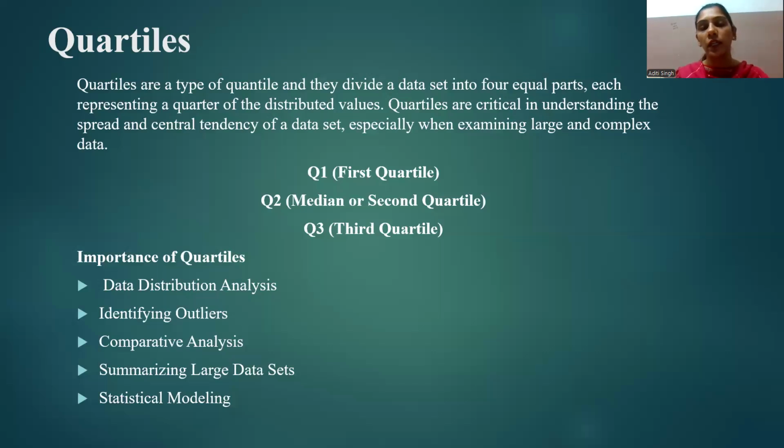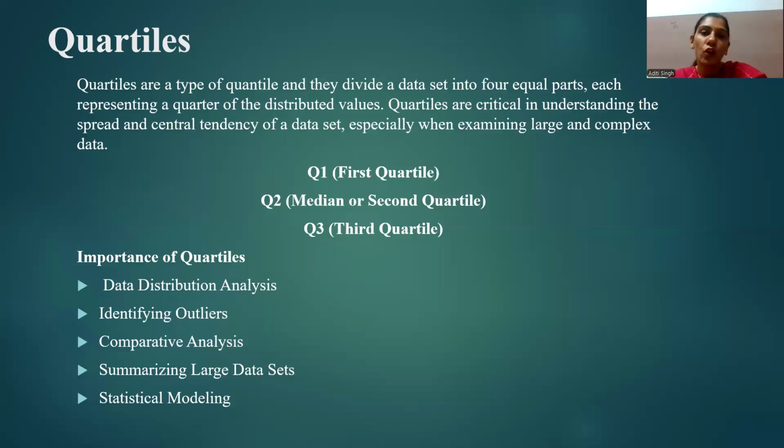Q3 is the third quartile, the median of the upper half of the data, which is the 75th percentile. So this is how Q1, Q2, Q3 are defined in quartile. There are three important quartiles: Q1, Q2 and Q3.